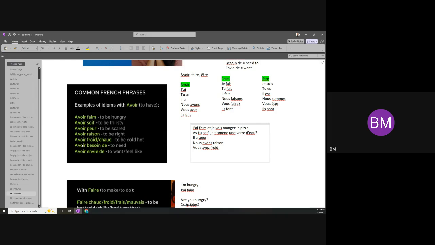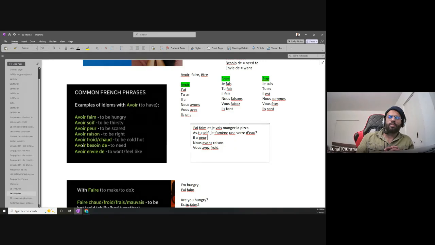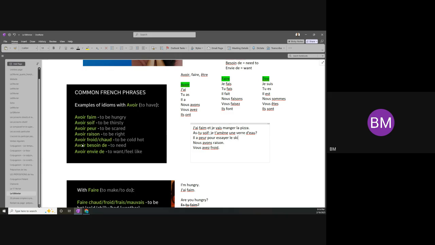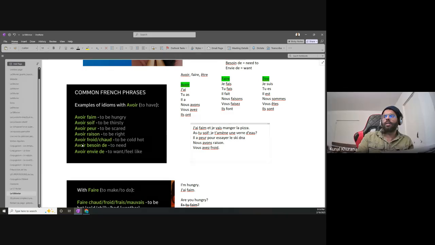Il a peur pour essayer le ski, pour escalader, pour essayer le ski dehors dans les montagnes.